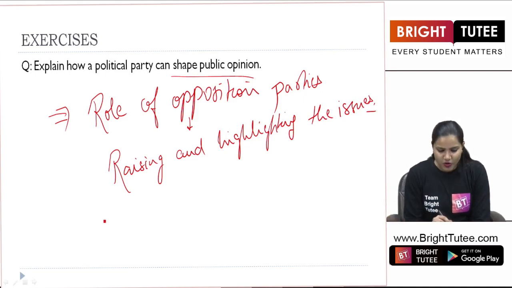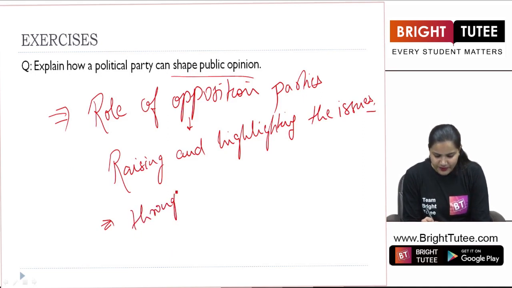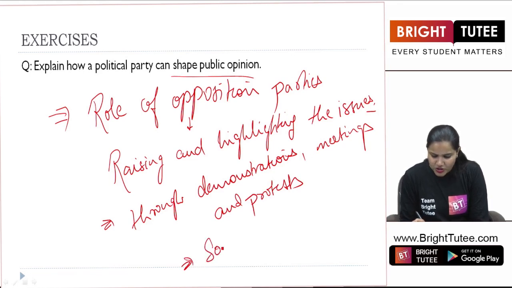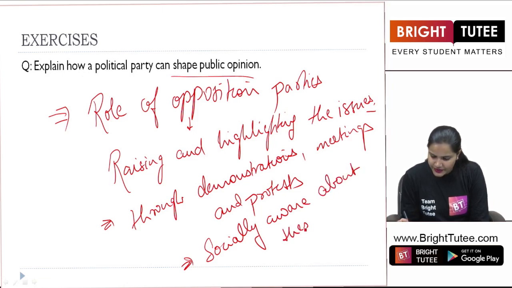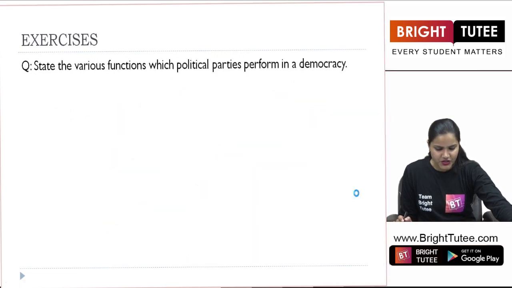So they play a major role in shaping public opinion through demonstrations, meetings, and protests. Now this is how they are making people socially aware about these issues, taking the help of media as well. So this is how you are going to answer this question.